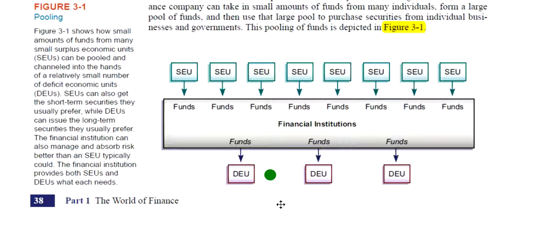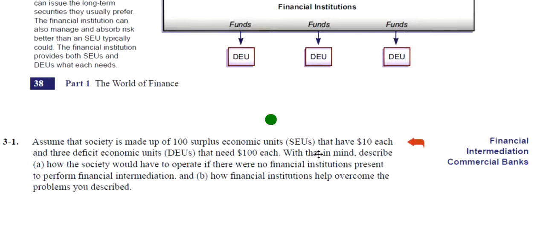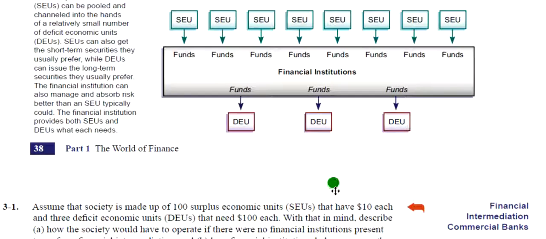Okay, so what are the questions? We've pretty much answered these. It's asking how a society would have to operate if there were no middle person here, if there were no financial institutions that could allow the money from the smaller surplus economic units to be used by the larger deficit economic units.